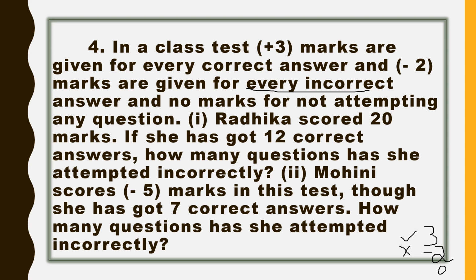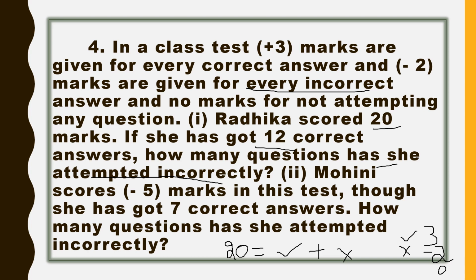Okay. Now our questions are: Radhika scored 20 marks. If she has got 12 correct answers, how many questions has she attempted incorrectly? So here one question is like, Radhika scored 20 marks. The total score will always be the addition of correct answers marks plus wrong answers marks, right?